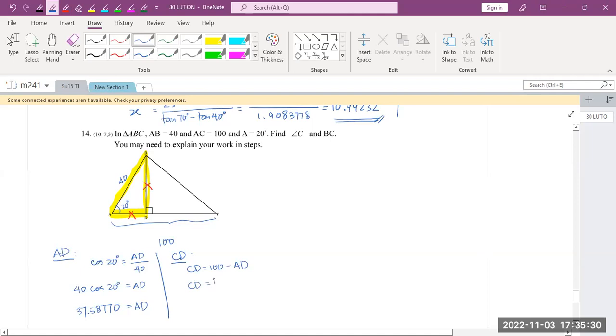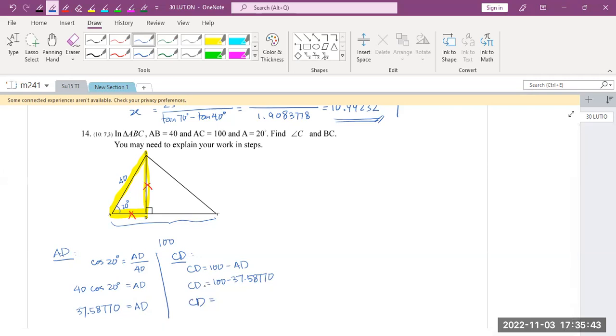So CD equals 100 minus 37.58770, which is 62.41230. That's the CD.